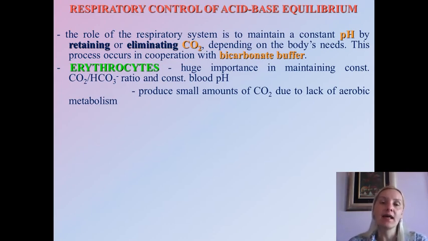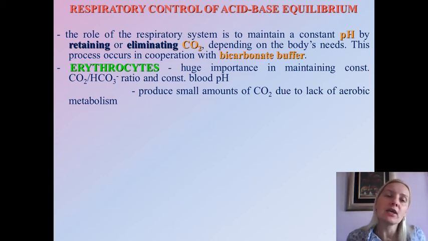So, erythrocytes actually have a huge importance. They are one of the central points and central places where this maintenance occurs. And erythrocytes, if you know, produce rather small, insignificant amounts of carbon dioxide, if any, because they lack mitochondria, so no aerobic metabolism is found here.